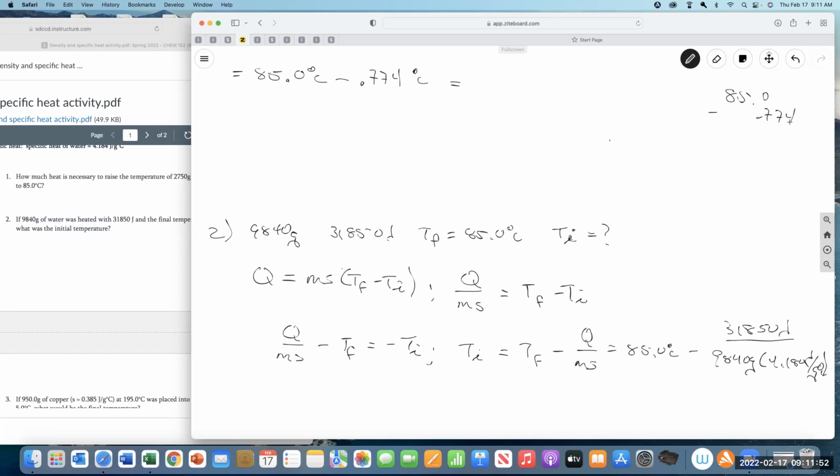Whoa, try that one more time. Oh, that's right. My guess is only going to go to the tenths place. So it started at 84.2, but just watching the sig figs there.